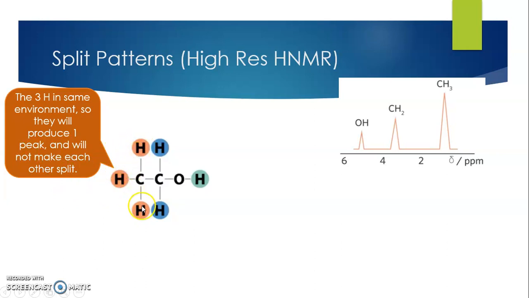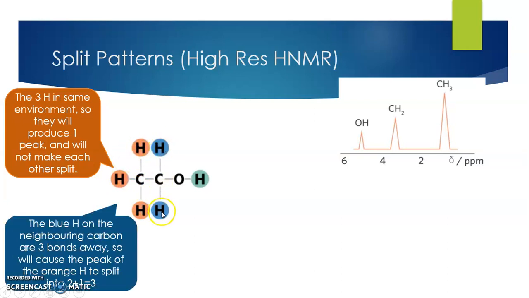If you're in the same environment, you produce the same peak, and that peak is not going to split. But these 2 blue hydrogens on the neighboring carbon will cause the peak produced by these orange hydrogens to split into 2 + 1, 3 small peaks, a triplet.